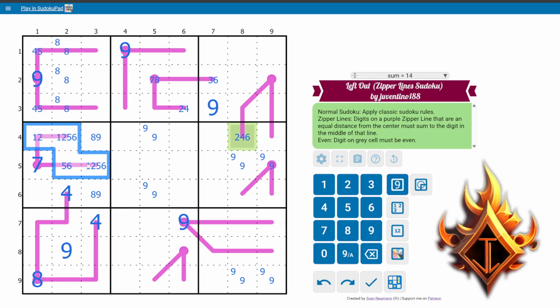One, two, five, six. So that is 3. That's all that's left. If that is 3, that is 5. That's okay.